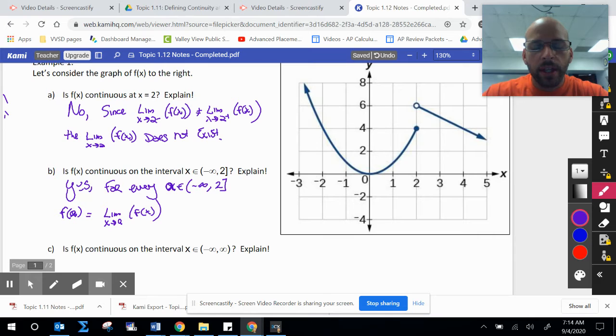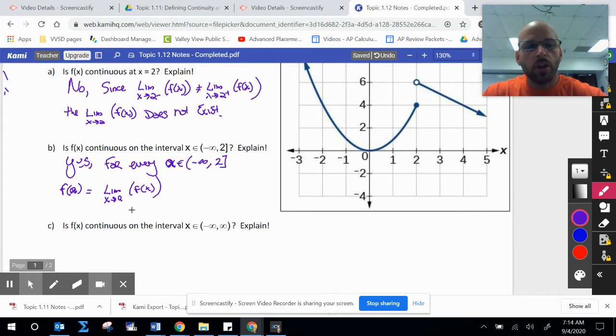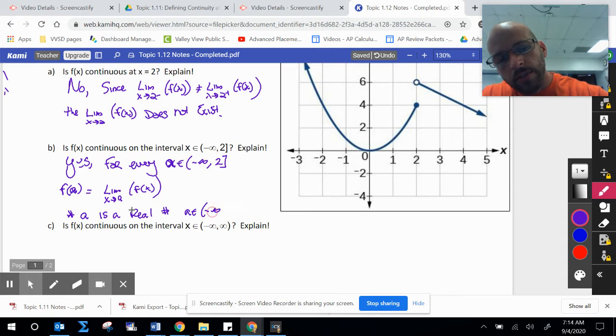For every a that's within negative infinity to 2, we know f of a is going to be equal to the limit as x approaches a of that function. So every point satisfies the definition of continuity. I should also be proper here. A is a real number within negative infinity to 2, right? So I'm defining what A is.